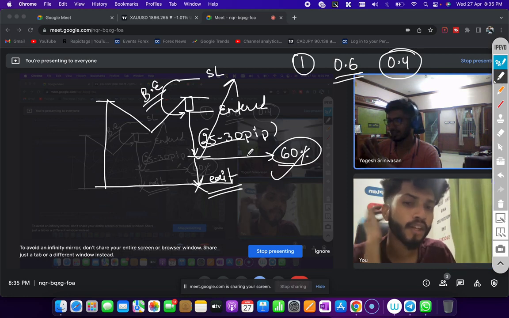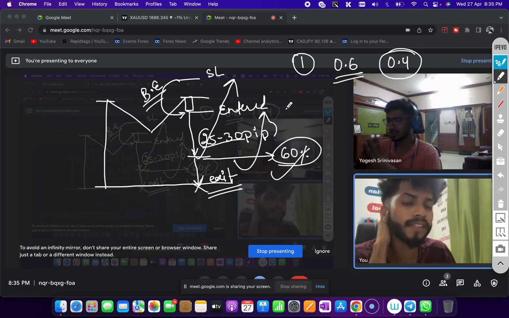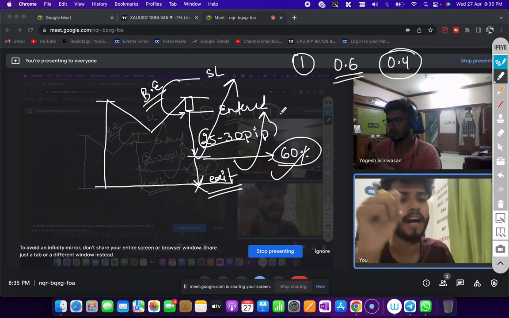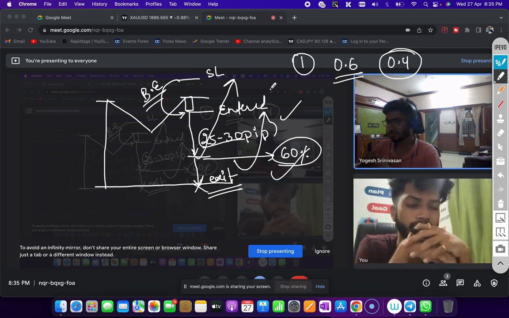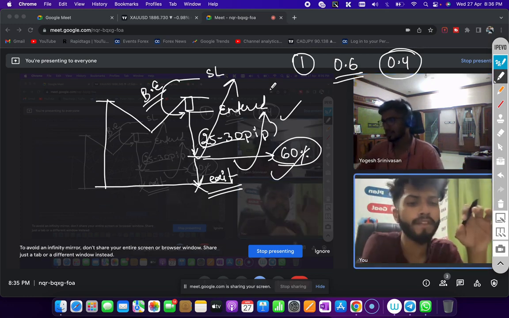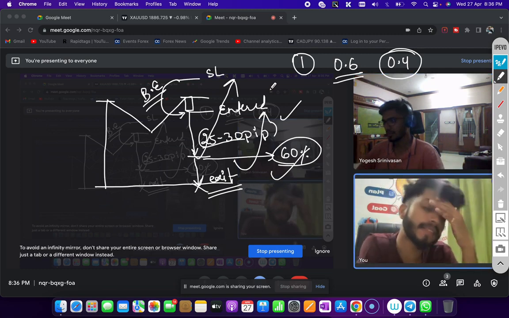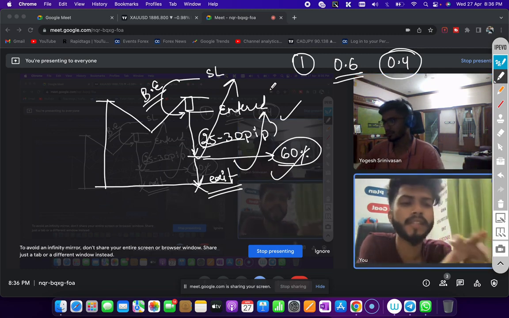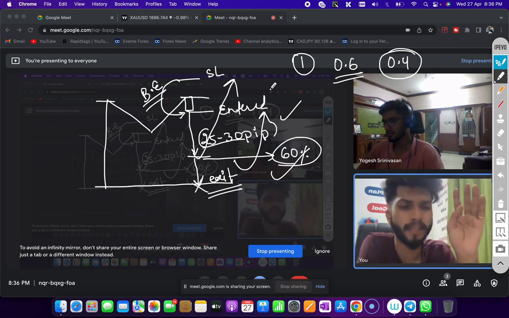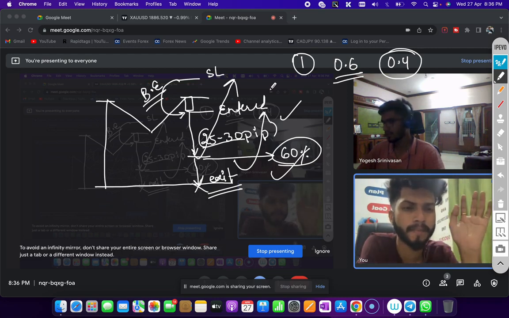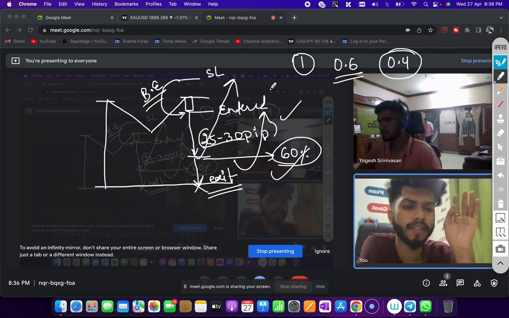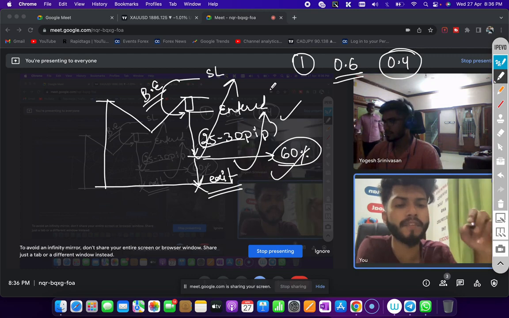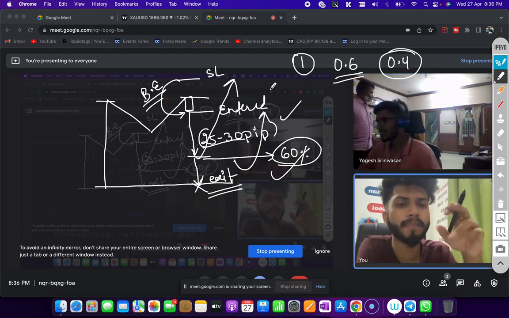So if that 40% reverses, you won't make any loss, and you made profit from the 60%. For example, with 0.6 lots, if you gained 20 pips, it is $120. If you gain 30 pips, it is $180. That's how this works in 25 pips and 30 pips.